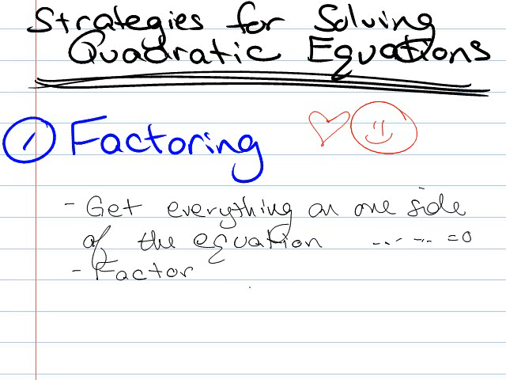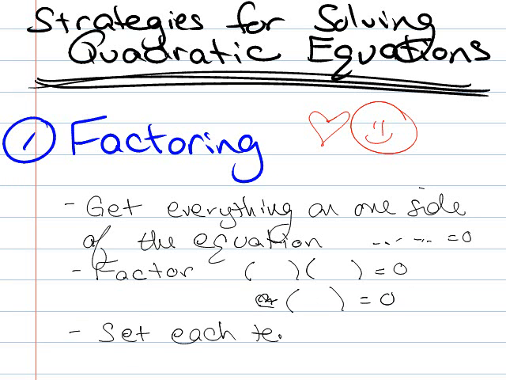So you're going to have something like blah times blah equals 0, or something times blah equals 0, but it's going to be in this form. Then you're going to set each term equal to 0 and solve for x.